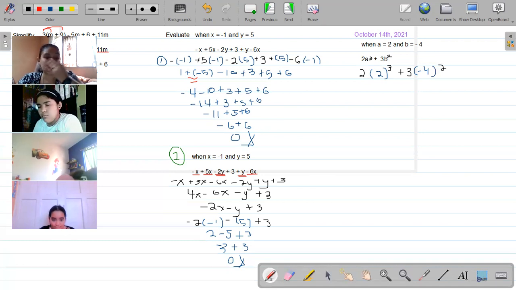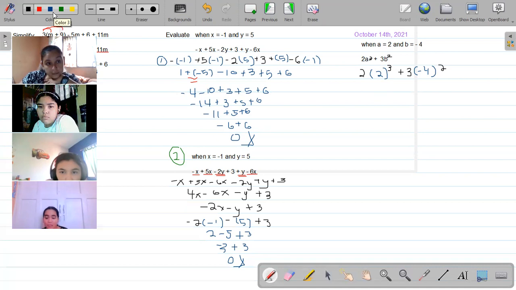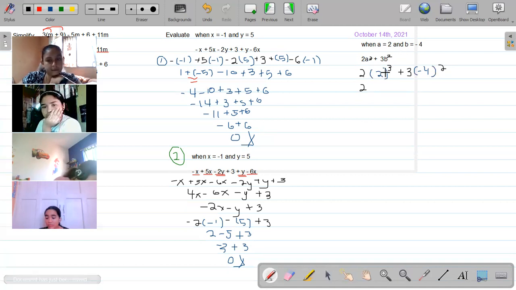Now, what is the first thing that I need to solve in here? Is the multiplication, or is there anything else that I need to solve first? The exponent. The exponent, correct. So I'm going to copy again the 2. And how much is 2 to the cube? It's not 6. It's not 2 times 3. How much is 2 to the cube?